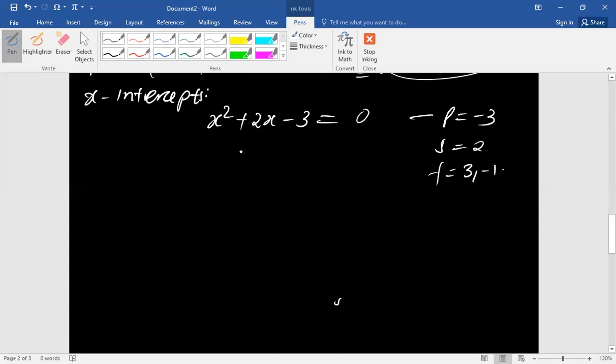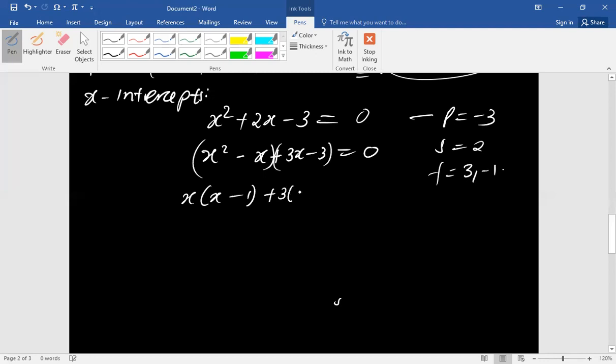So we're going to say x squared minus x plus 3x minus 3 is equal to 0. So we get what is common here. Here x is common in x squared minus x, so x times (x minus 1), and then plus 3 times (x minus 1) equal to 0.